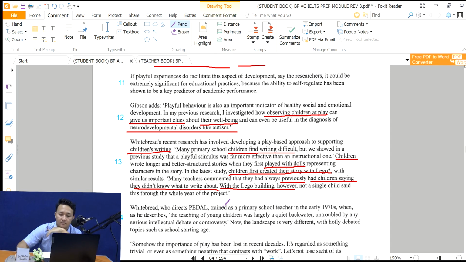So it means that the information in the text says that the children mentioned that they were confused about what to write, but that's the time before the Lego building is applied by the teacher. But in here, with the Lego building, after that case, not a single child said this through the whole year of the project.